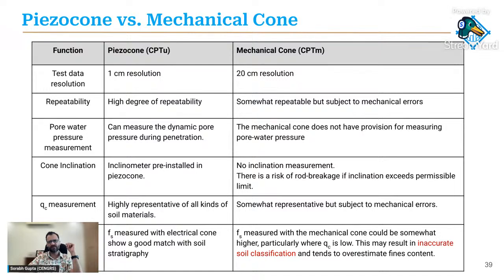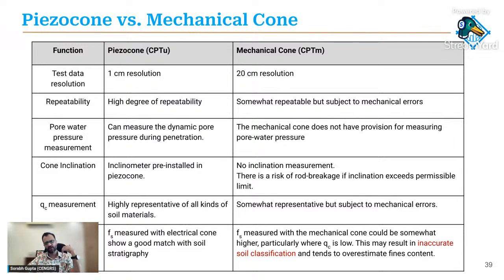A little bit of a table. I'm not going to go through this too much, but if you look at a piezo cone versus a mechanical cone, it's a world of difference, in my opinion, in terms of test data resolution. Obviously, the piezo cone being electronic has much better data resolution, actually 20 times better, and is much more repeatable.